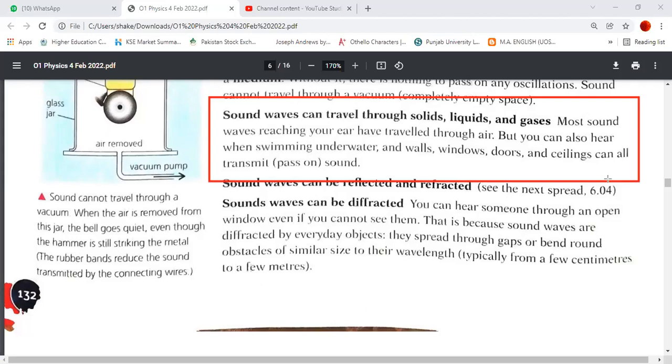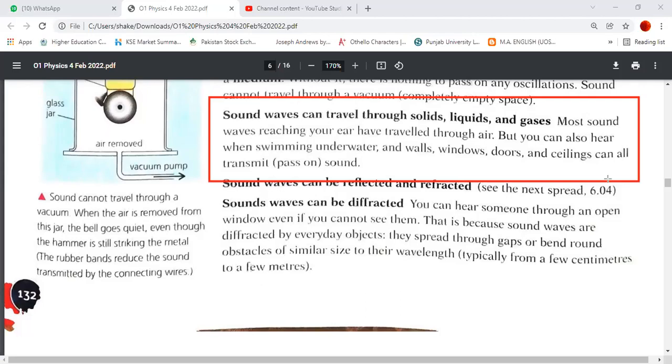So if you are swimming underwater, you can listen to the sound, and through walls also. But usually this is not your experience that the sound is traveling through walls. Actually, walls are not a very good conductor of sound, but they can pass the sound through.